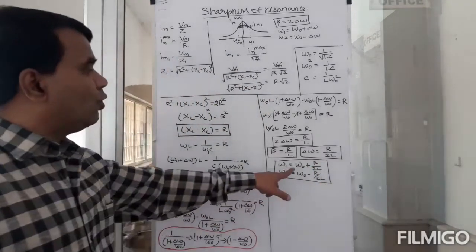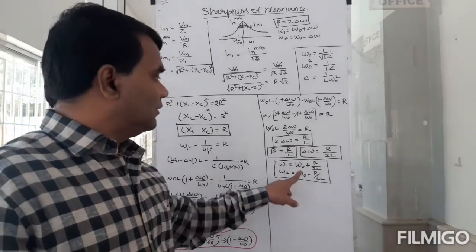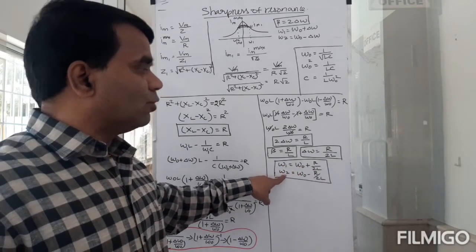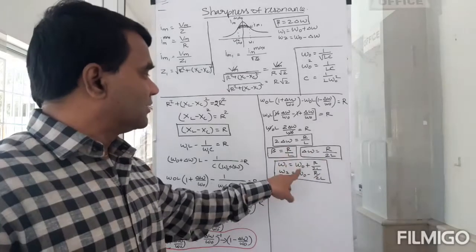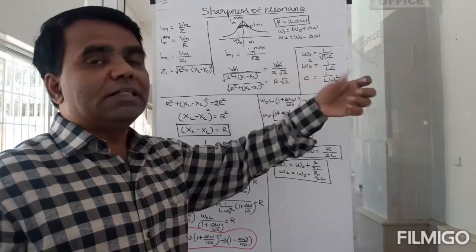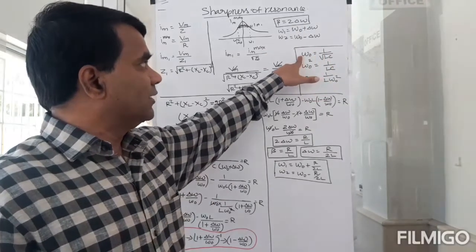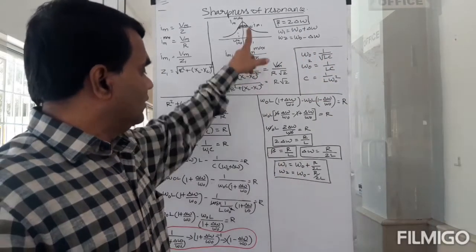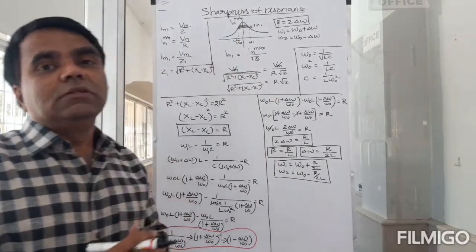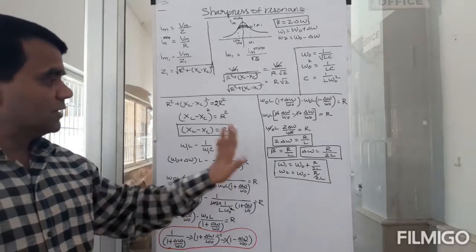So if I know the R, L, C values, then I can find omega naught, and I can also find omega 1 and omega 2 very easily, because omega naught is actually 1 by root LC. Okay, so this is how I do it.